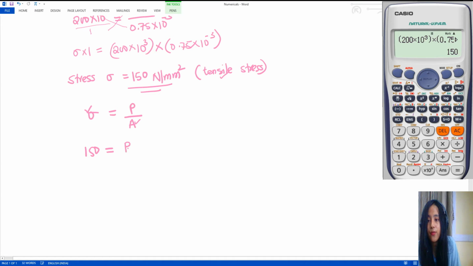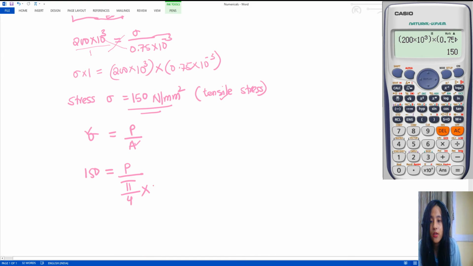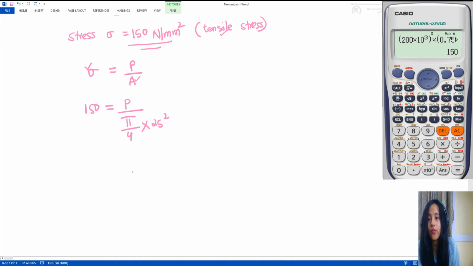So stress here is 150, equal to force. We have to find tensile force P. Area was equal to pi by 4 into d square, where diameter given was 25. So this is my area. Now again, if I cross multiply, I'll get P equals 150 into pi by 4 into 25 square.